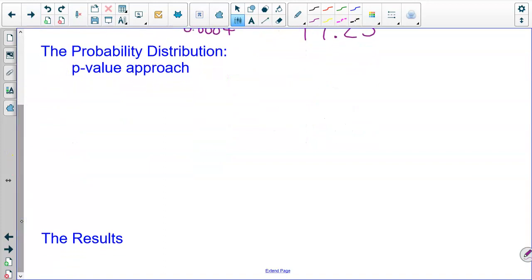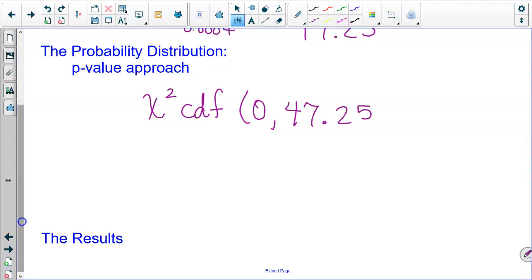Using my calculator, chi-square cdf, 0, 47.25, and then my degrees of freedom, 27. Type that in, you get 0.9907.